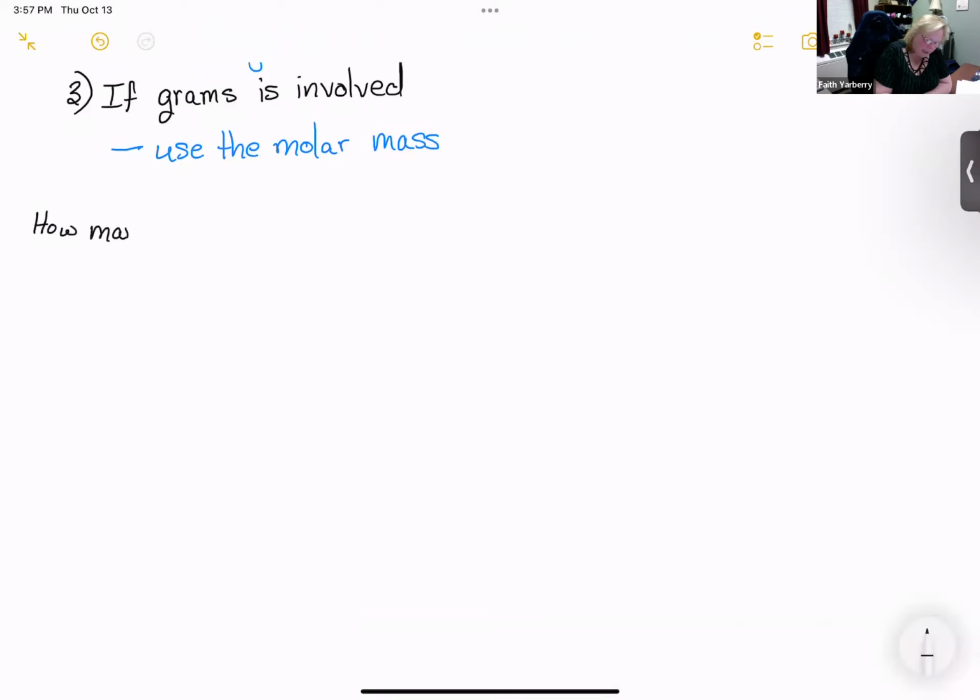How many oxygen atoms are in 2.65 moles of sodium carbonate?